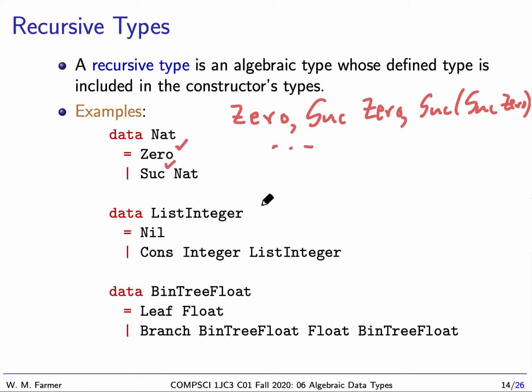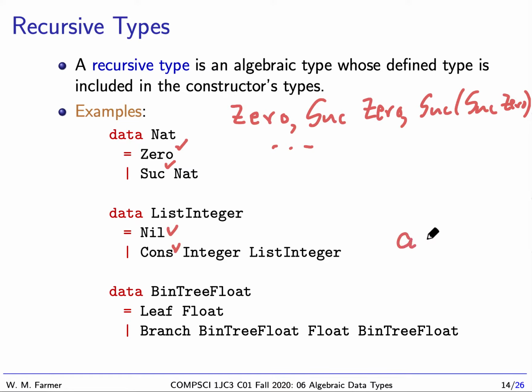Okay, so let's look at the second example. List integer. This is going to be a data type of all possible lists of integers. And we have 2 constructors, nil and cons. Nil represents the empty list of integers. Cons represents the construction where here we have a list and we put on the front of it another integer.